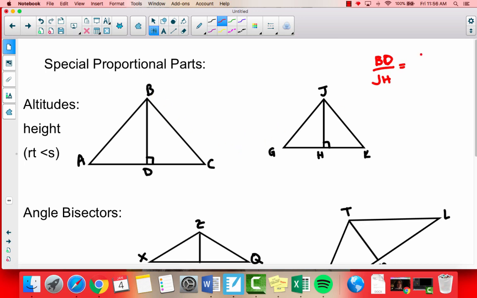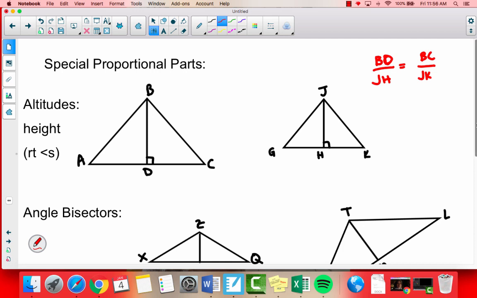In this case, we'll do BC over JK. Keep in mind that I'm keeping the order the same. BD was the altitude of the largest triangle, so I started the side BC with the second ratio. Make sure you keep them in the same order or your proportion won't work. And then on the bottom, JH was the smaller one, and then JK also went with the smaller triangle.